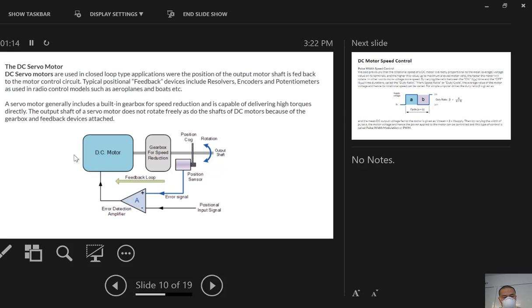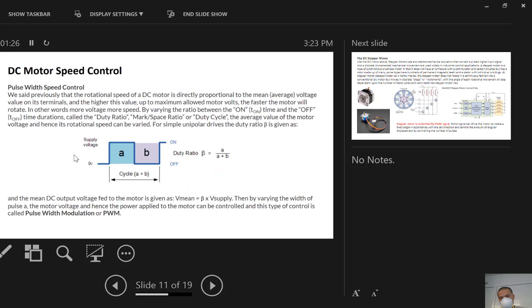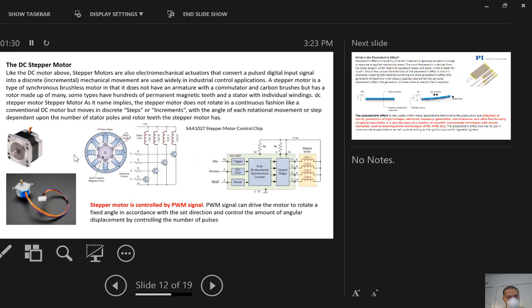The DC servo motor has a DC motor and a feedback system, so it is able to control the rotation angle easily without your customized feedback loop. The stepper motor, we're going to use it a few times in the semester.